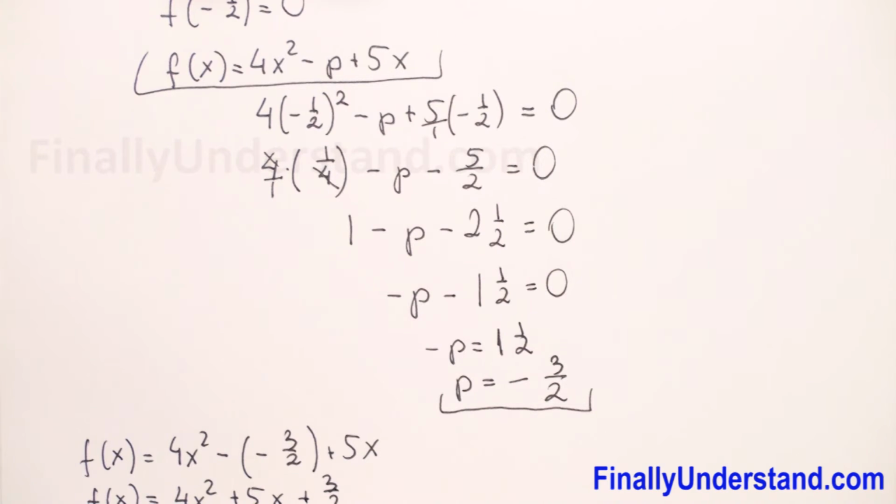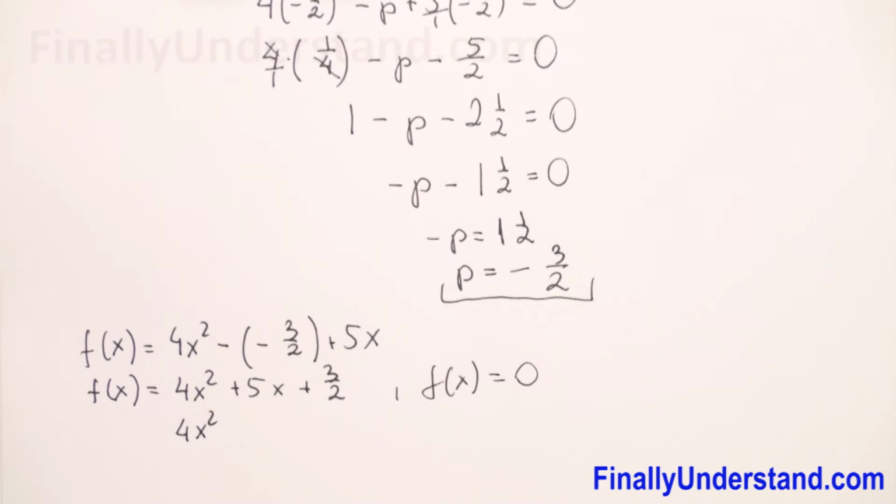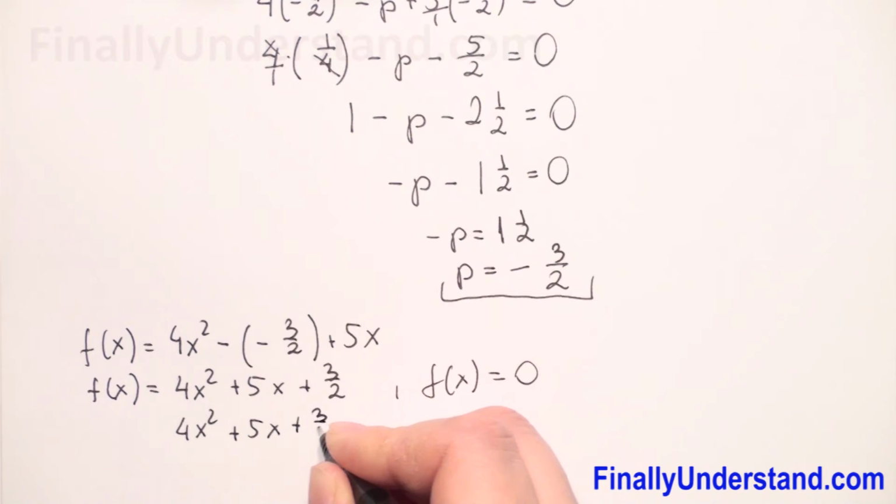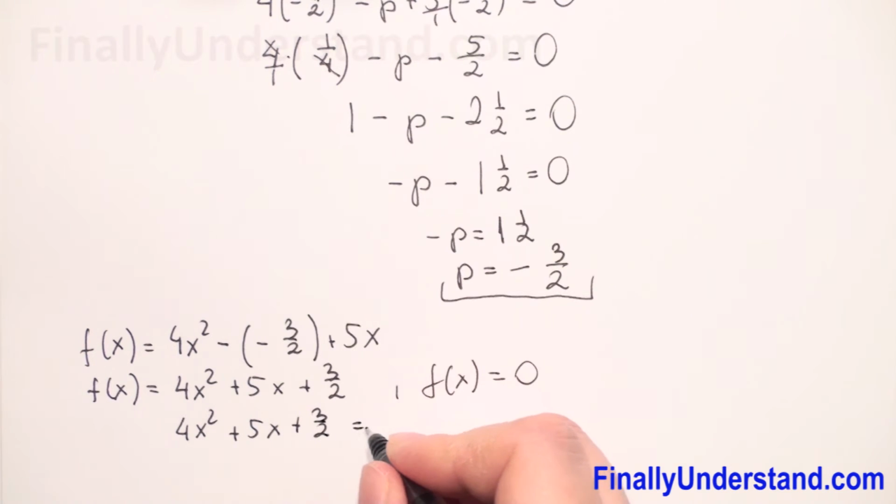We have a quadratic function, and we need to find another value for which our function is equal to 0. f(x) must be equal to 0. So we have the equation 4x² plus 5x plus 3 over 2 is equal to 0.